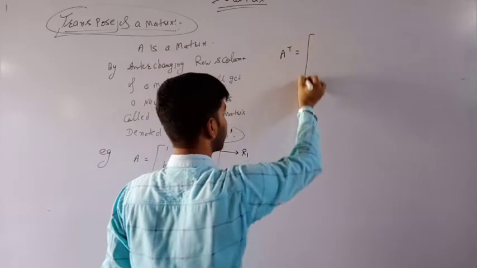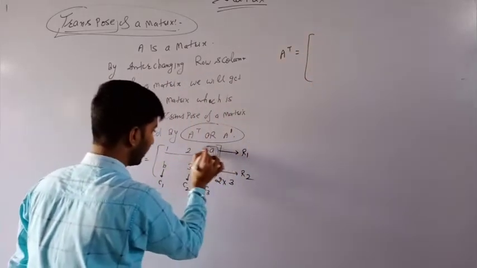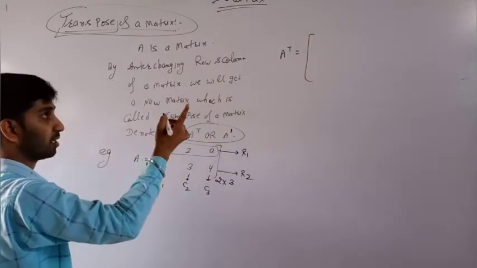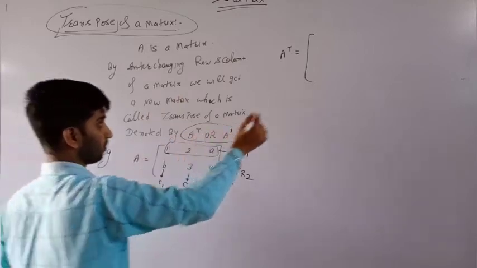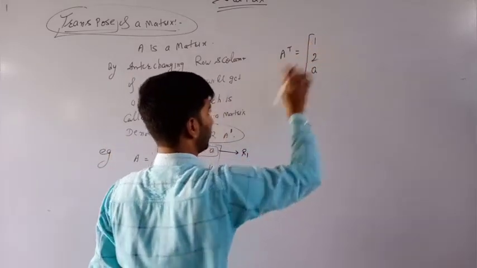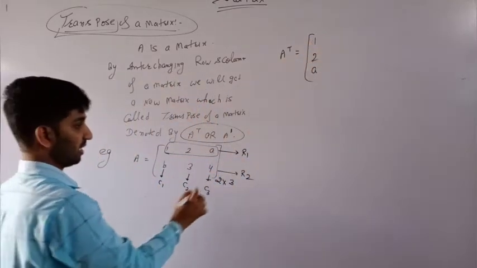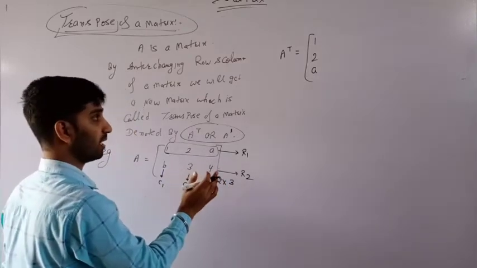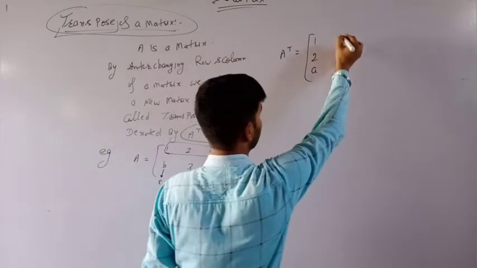It means that the first row will become the first column in the transpose, 1 2. The second row will become the second column, 3 4.